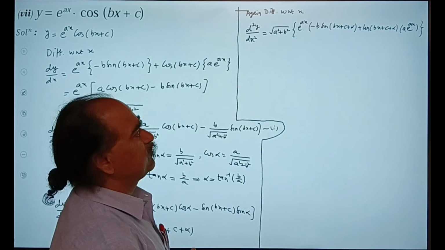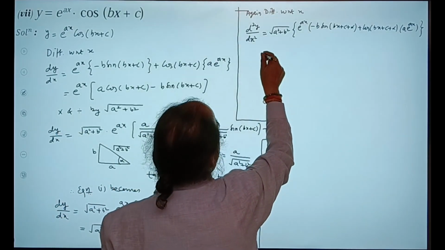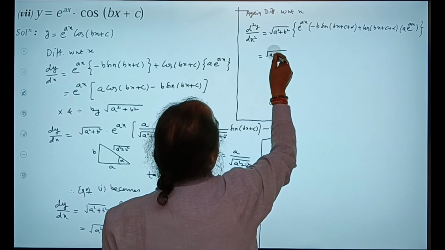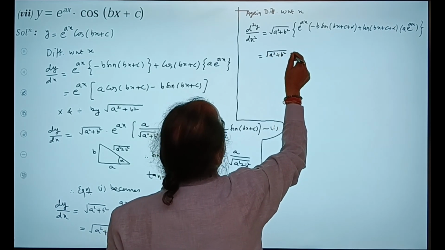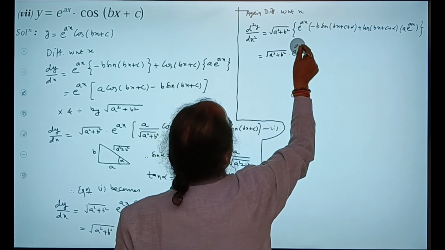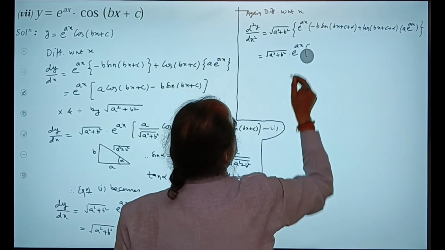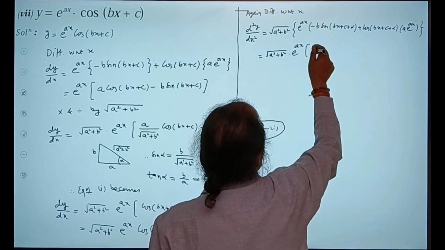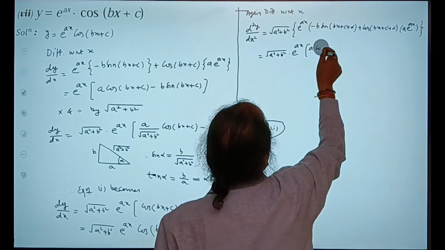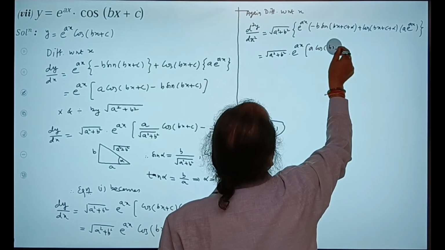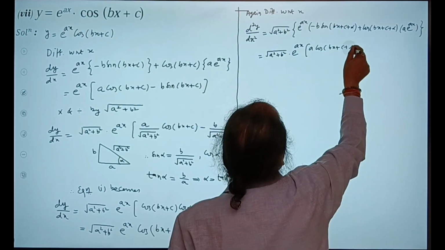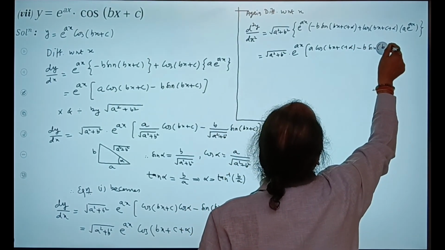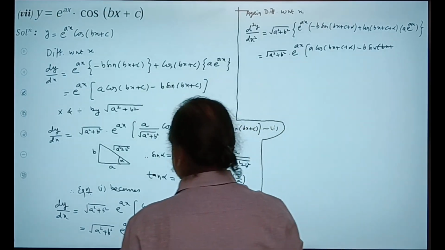Now we can take e raised to x common. Root a square plus b square, e raised to x common will give you what? a cos(bx plus c plus alpha) minus b sin(bx plus c plus alpha).